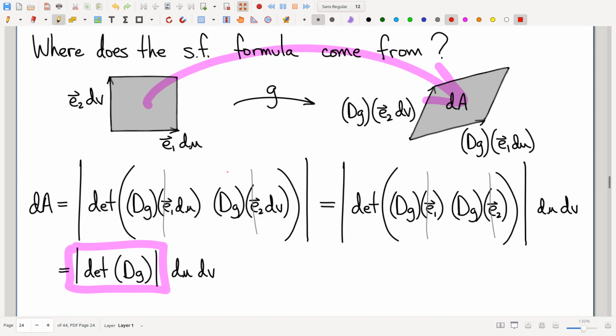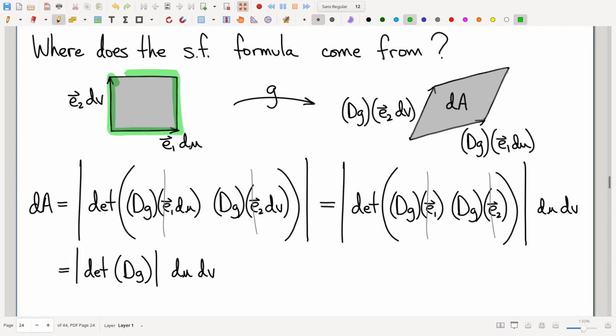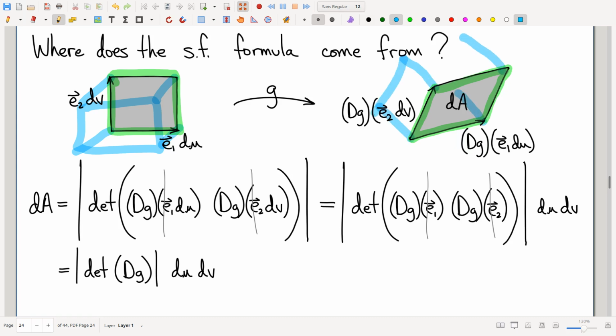The only adaptation you have to do is, of course, to imagine that this is no longer a 2-dimensional rectangle, but a 3-dimensional rectangular box. Its image, of course, will then no longer be a parallelogram, but a 3-dimensional parallelepiped, which again is going to be understood by edge vectors, which again will be computed with the derivative matrix, and everything else is going to follow through in surprisingly similar ways.